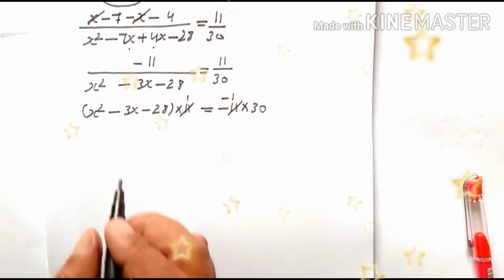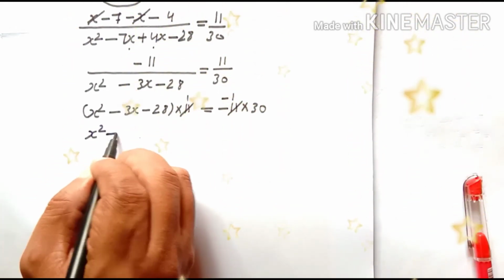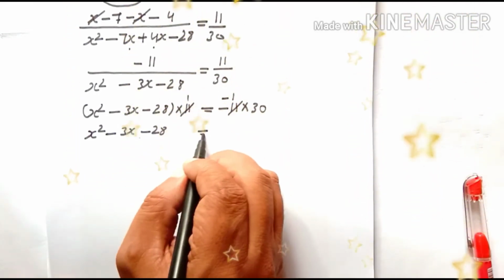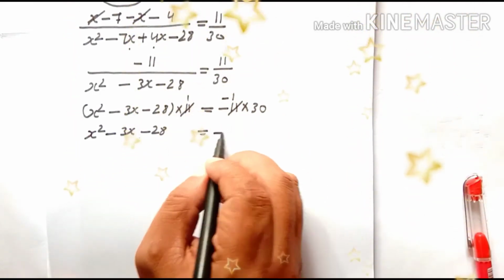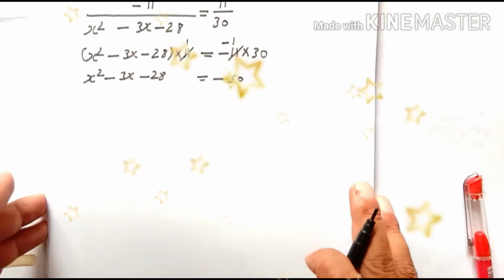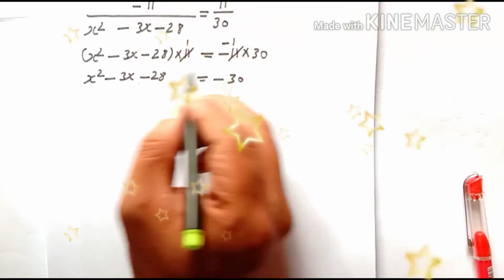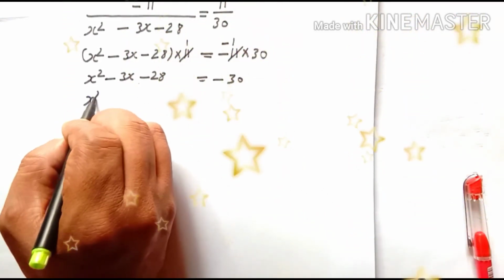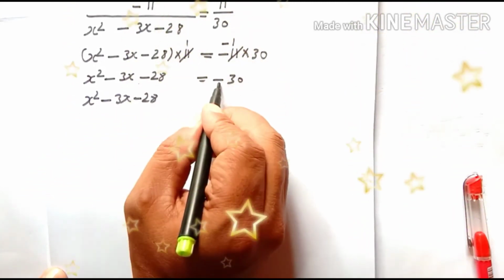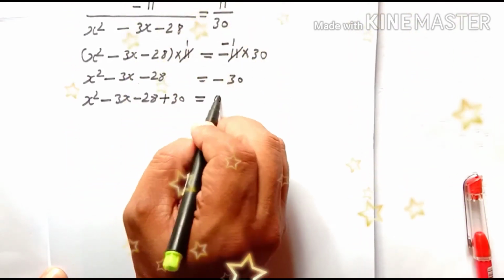If you multiply by 1, it will give the same result, x square minus 3x minus 28 equals negative 30. Now take this minus 30 from the right side to the left side. So x square minus 3x minus 28, negative becomes positive, plus 30 equals 0.